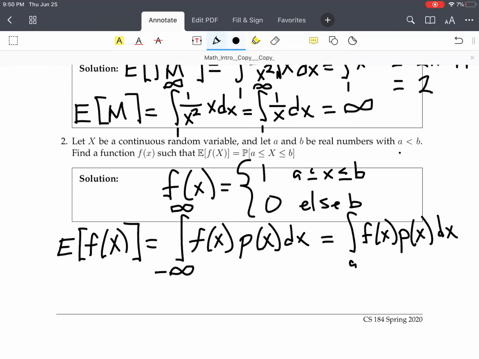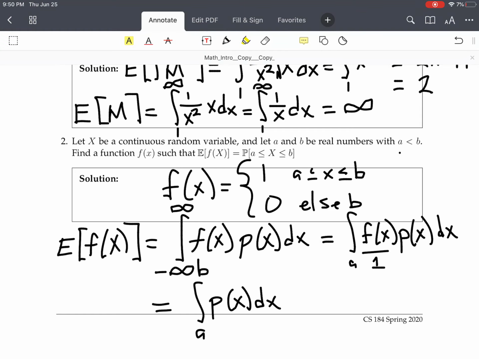And now also by our definition, we know that f of x is actually just 1 everywhere in this region. So we can come down here. That's the integral from a to b of p of x dx. But if we look at this, this is exactly the equation we saw earlier for the probability of a range, right?